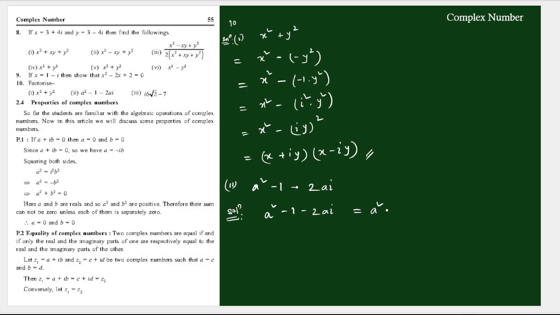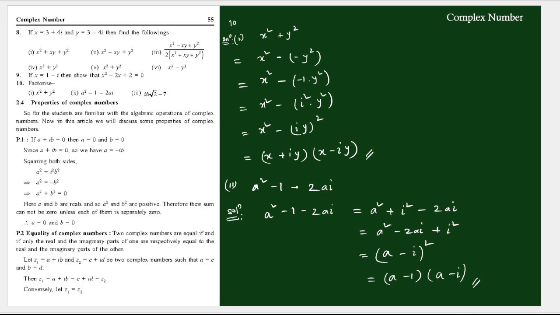So maybe a square plus I square, we can write it down as 2ai. This is nothing but your a minus b whole square formula, right? A square minus 2ai plus I square. So a minus I whole square. तो ये हो गया तुम्हारा a minus I into a minus I, because we need to factorize it.